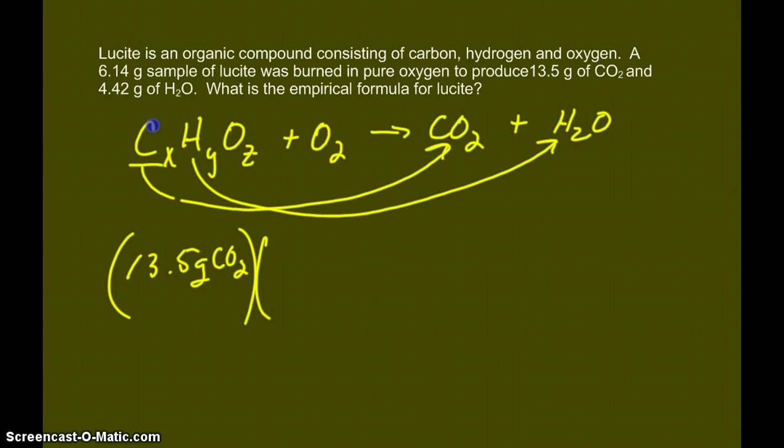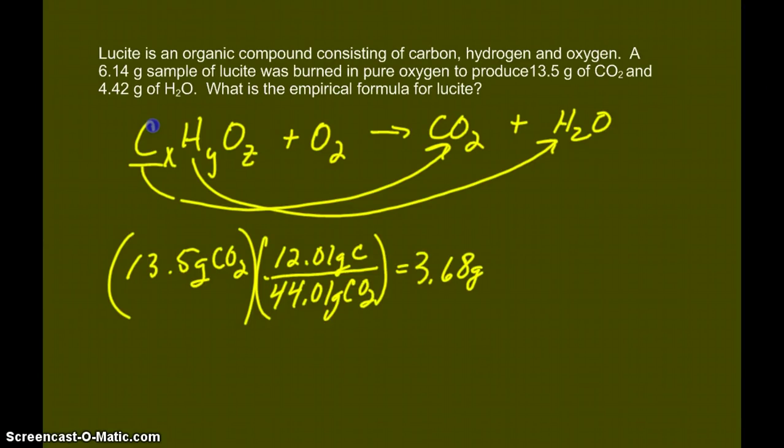So if I had a mole of carbon dioxide, I would have 1 mole of carbon, and that would have a mass of 12.01 grams for every 44.01 grams of carbon dioxide. That produces 3.68 grams of carbon.